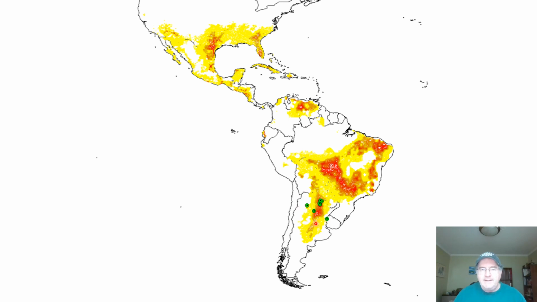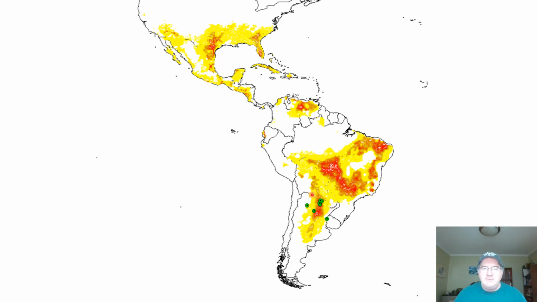Cactoblastis is a species found in southern South America, and these green dots here show you where the specimens originated from. So what is that? Northern Argentina, probably Paraguay. Some specimens here are at least up to the border there.